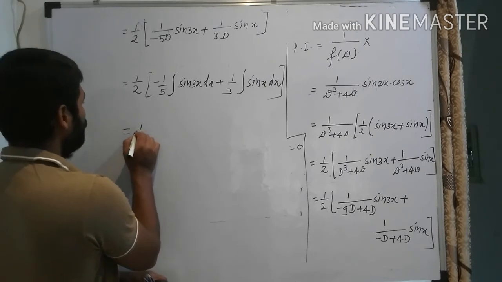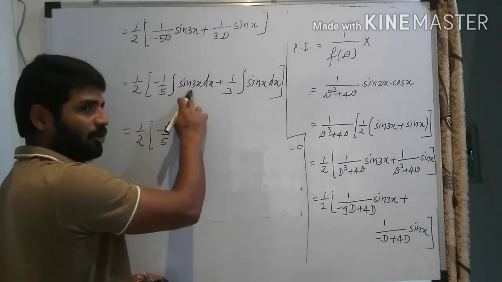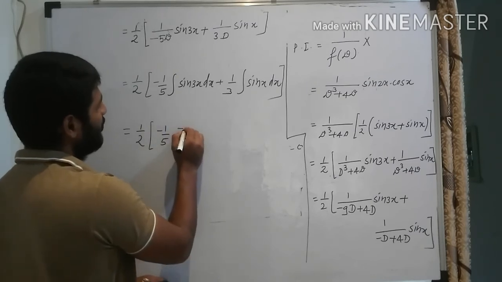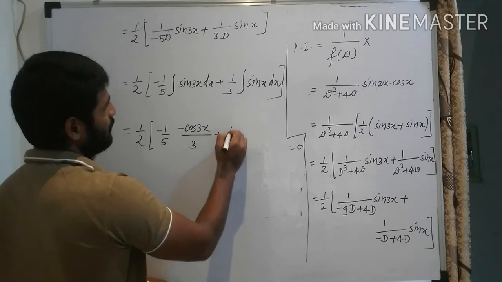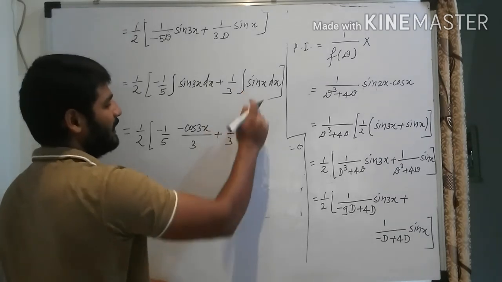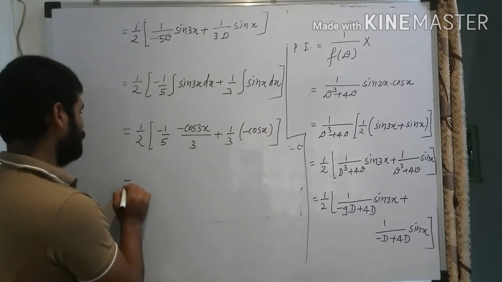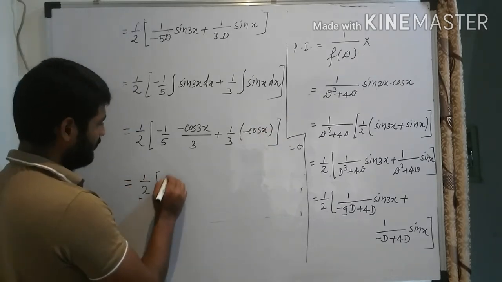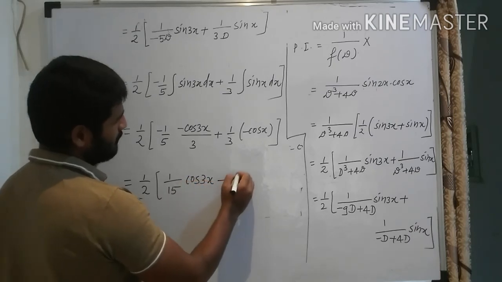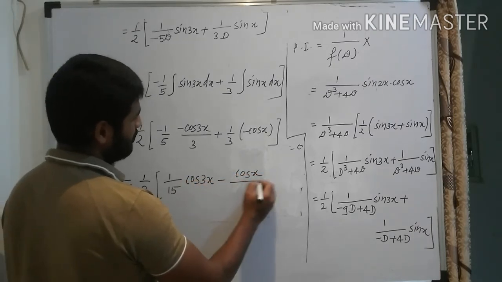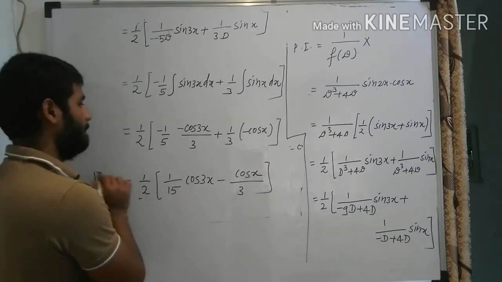Now taking integration, we can write 1 upon 2 into bracket minus 1 upon 5 as it is, integral of sin 3x is minus cos 3x upon 3, plus 1 upon 3 as it is, and integral of sin x is minus cos x, bracket close. So simplifying this, we get 1 upon 2 into bracket 1 upon 15 into cos 3x minus cos x upon 3. So this is your required particular integral.